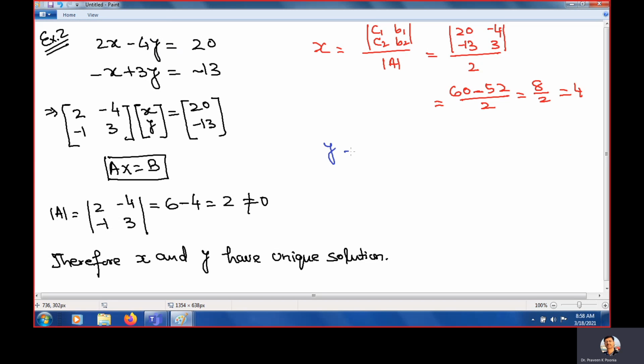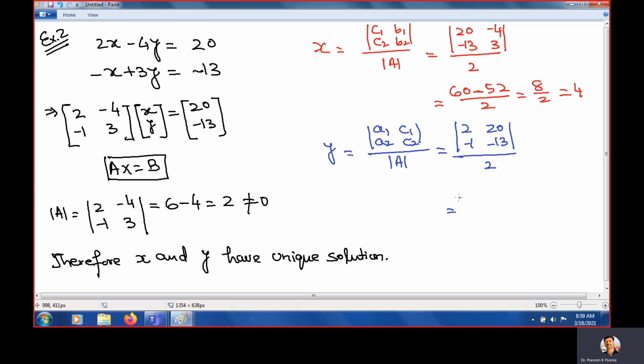Now if you want to find the value of y, it is AC, |A1 C1; A2 C2|. Only you need to remember what is the formula for x, what is the formula for y, and question finish. The value of A1, A2 is 2, minus 1, value of C is 20, minus 13, upon 2.